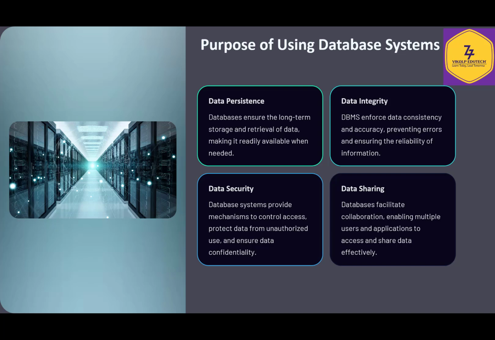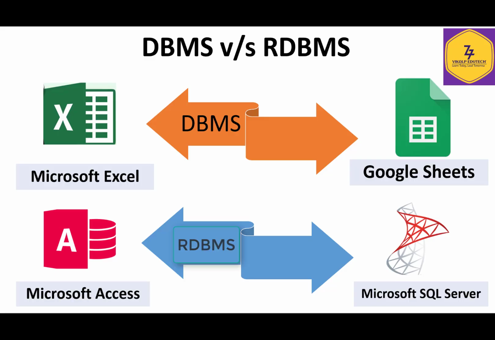Some of the basic examples of DBMS are Microsoft Excel, Google Sheets, etc. These apps are equipped to store data securely with various types of validations and protection. However, these spreadsheet applications have certain limitations. Thus, we have more powerful and advanced systems like Microsoft Access and Microsoft SQL Server.